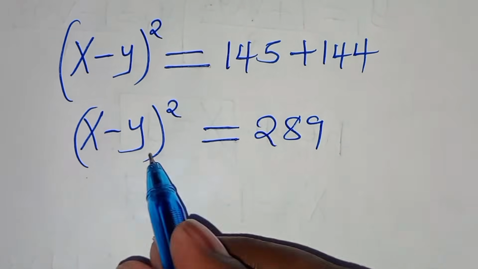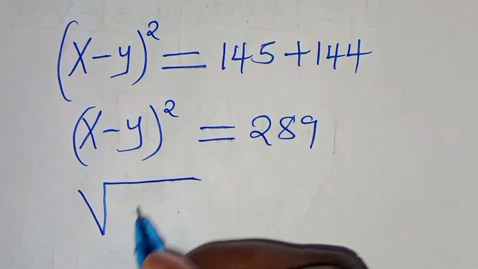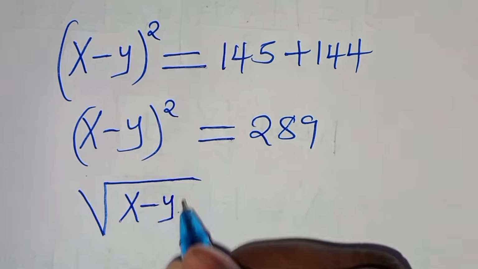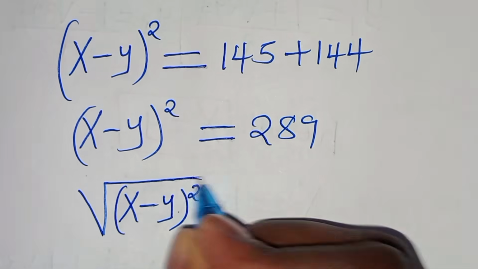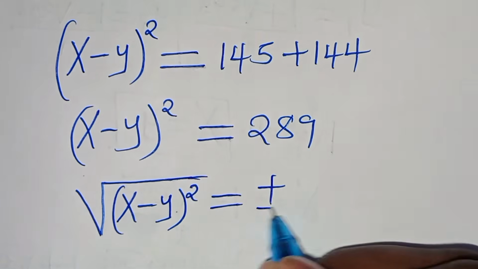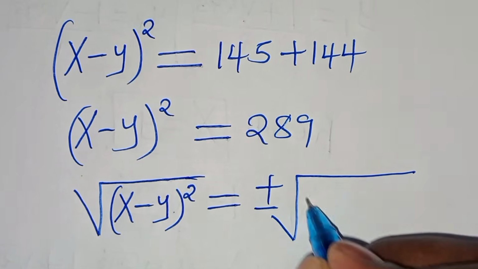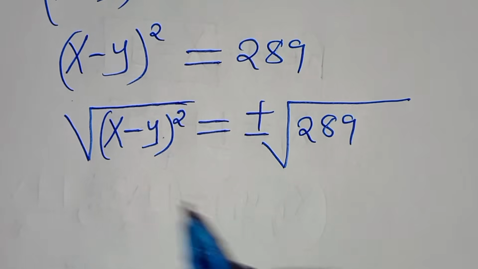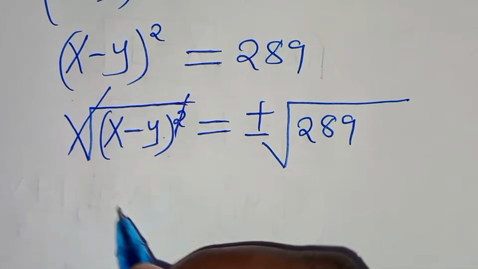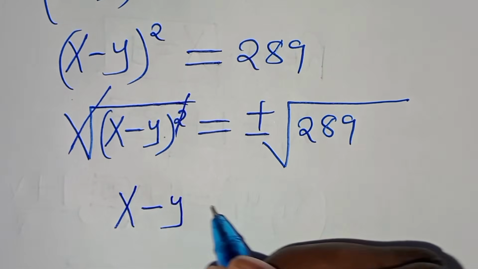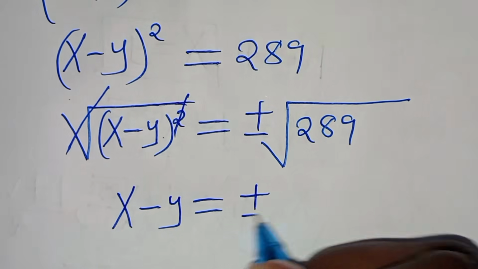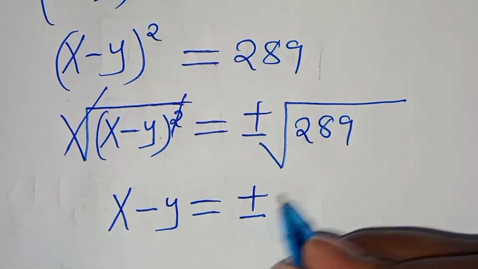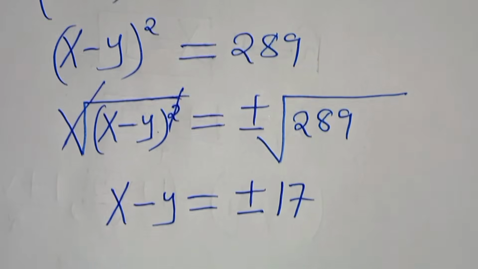So to solve for x minus y, let's introduce a square root on both sides. The square root of x minus y raised to the power of 2 is equal to plus or minus the square root of 289. So let's eliminate the square root sign here, so that x minus y is equal to plus or minus the square root of 289, which is 17.